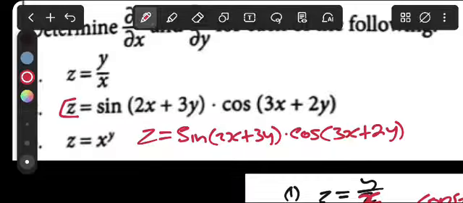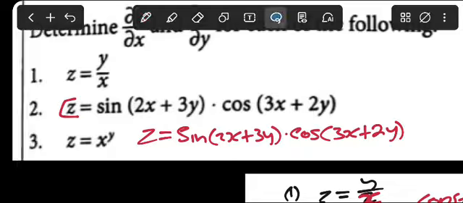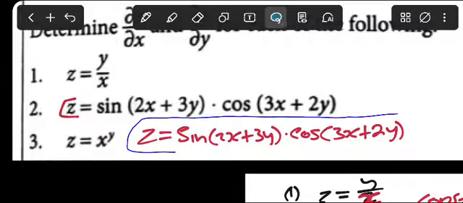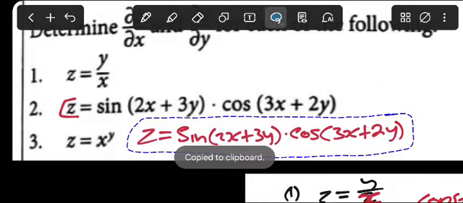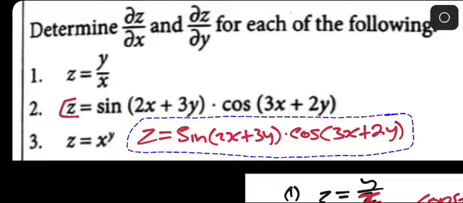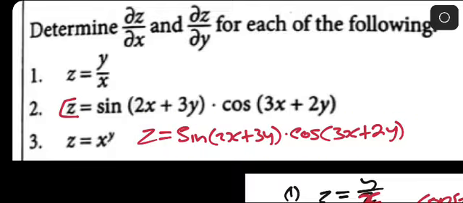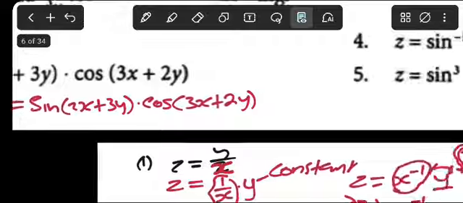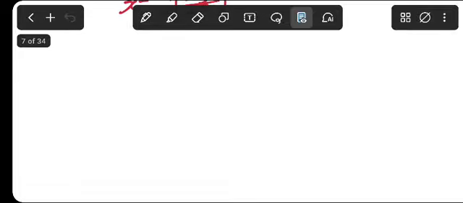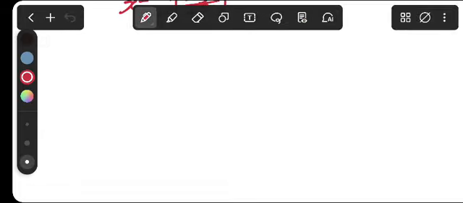We are now supposed to take the partial derivative with respect to x and y. Let me copy this and write it on our free space here at the bottom. All right, that is number 2.